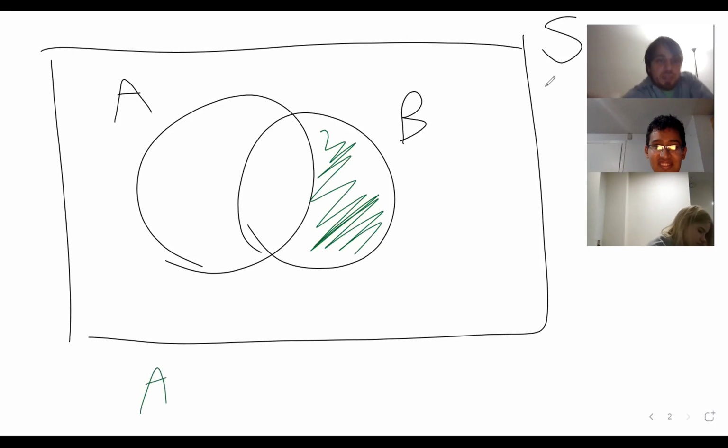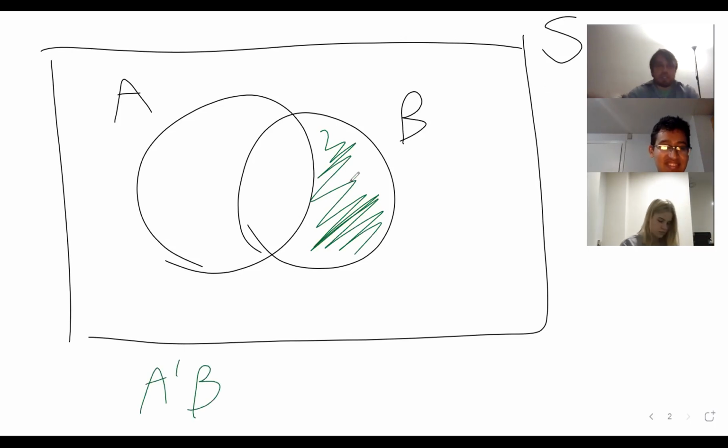Right, this is A prime B. It's not in A and in B. So this set is equal to the set B minus the set AB. I'm going to stick with my old notation here. That's a minus. Means I'm just removing the elements in AB from B.